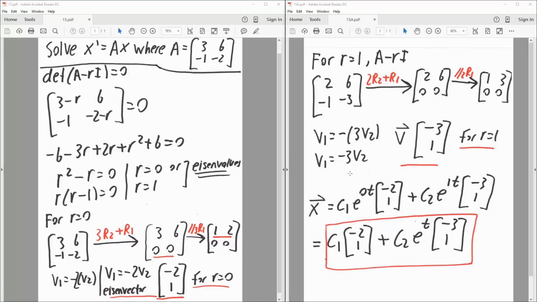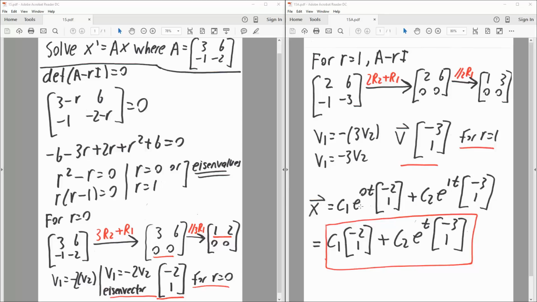And now we want to get the general solution. So we can say the general solution will be c1 e raised to 0t. This is because the eigenvalue was 0, and our eigenvector was negative 2, 1. So negative 2, 1 plus c2 e raised to 1t, because our eigenvalue was 1, and our eigenvector was negative 3, 1.